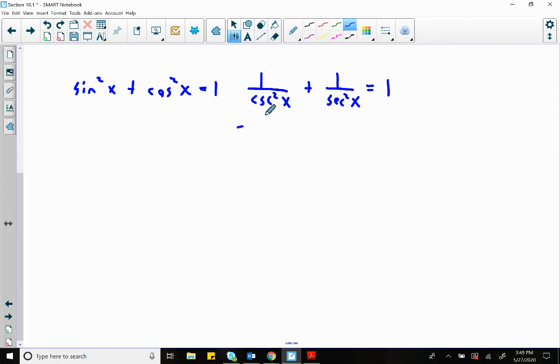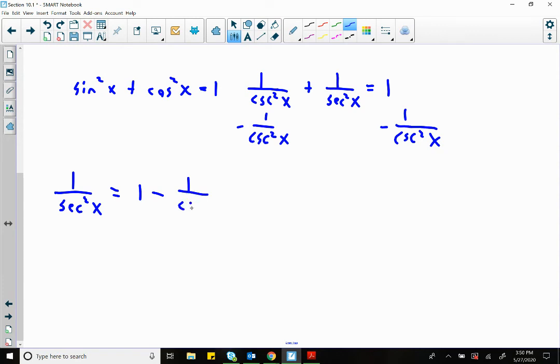I subtracted 1 over cosecant squared x from both sides. And so now I have 1 over secant squared x equal to 1 minus 1 over cosecant squared x.